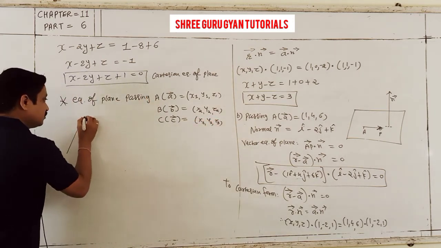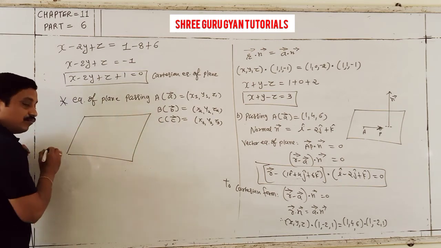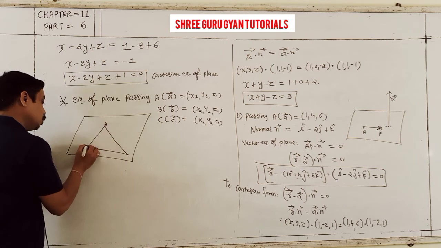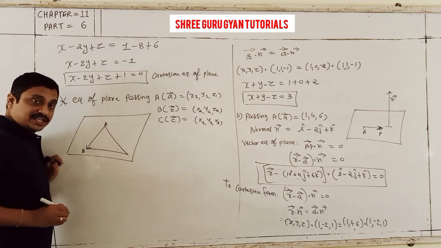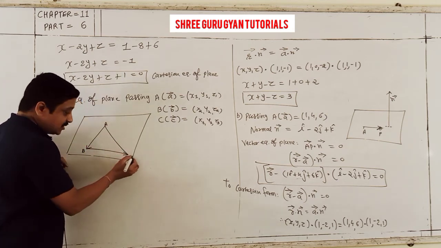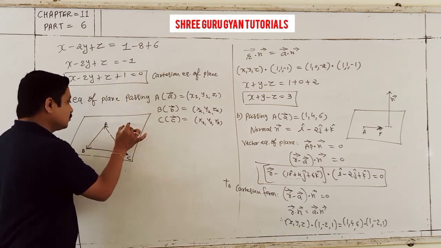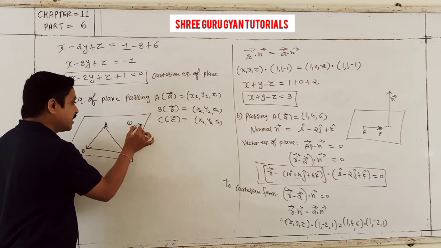Consider that you have one plane formed by the 3 non-collinear points. Now, it is known non-collinear points: A to B directions, B to C directions, and C to A directions. And here consider one point P in general, r bar.